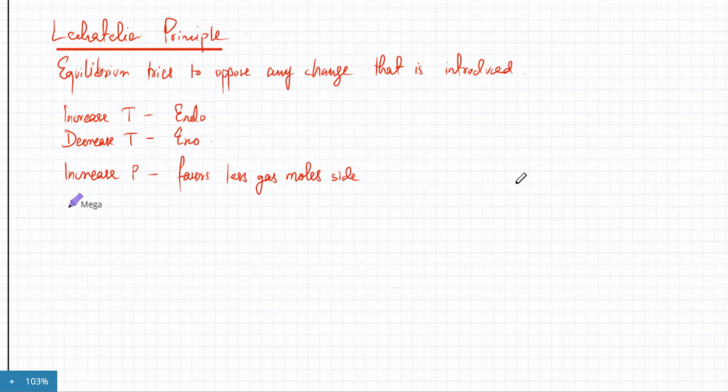You decrease pressure, you're expanding, so more gas would be produced, so favors more gas moles.